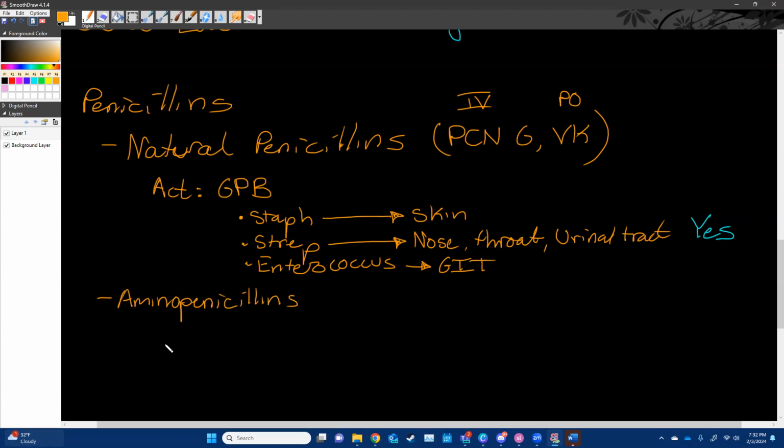So the aminopenicillins had to come in order to work on the bacteria that ended up becoming resistant to these different kinds of antibiotics. So again, the activity is on gram-positive bacteria: staph, strep, enterococcus.